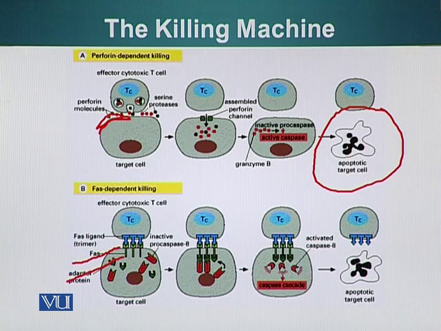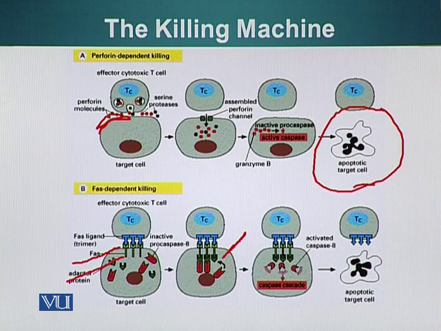A whole bunch of these caspases are assembled. They're near each other. Their weak proteolytic ability causes cleavages and results in the active form of the caspase. Caspases are proteins that can also basically destroy different macromolecules within the cell.